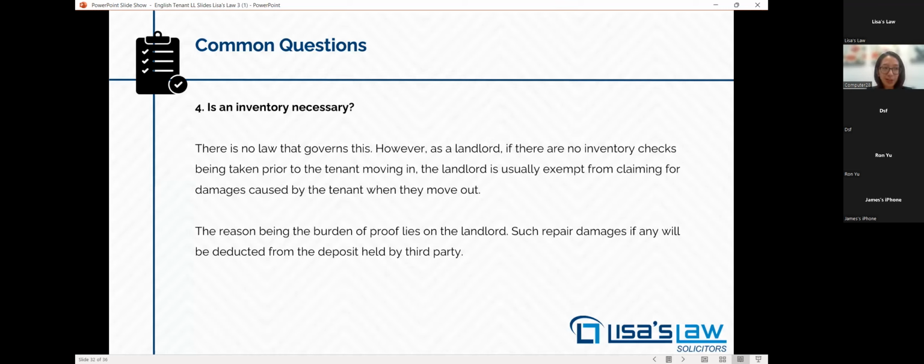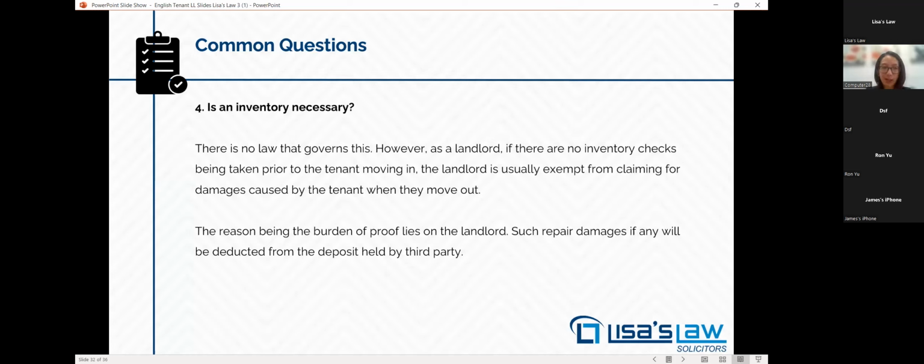You can argue that there were photos before and after, but it's very difficult to pinpoint at what period of time, unless you have photographs of the property before you rent it out, maybe it can still be valid, but I'd still say it's better to have a proper inventory checklist, so that if there's anything you want to claim from the tenant afterwards, it'll be good.